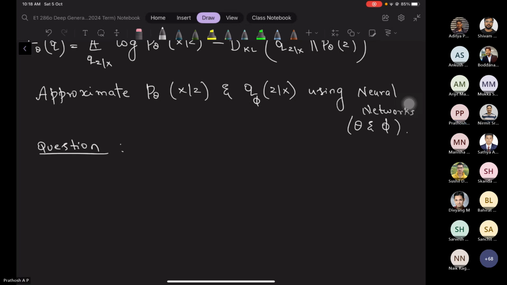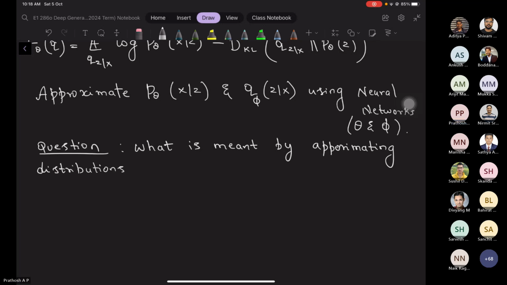What is meant by approximating distributions using neural networks?